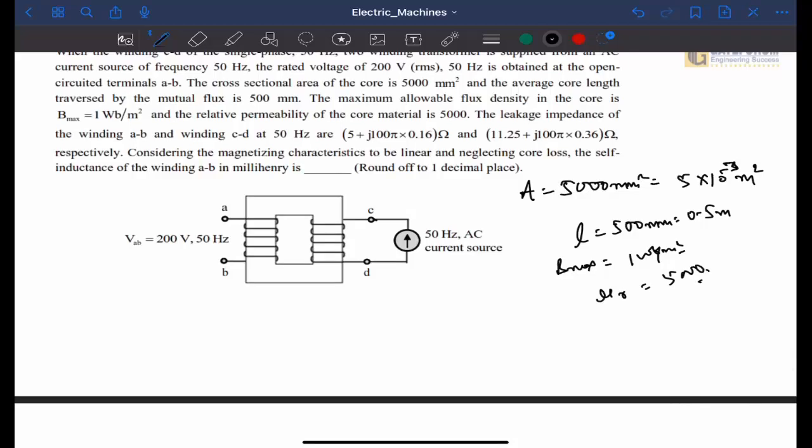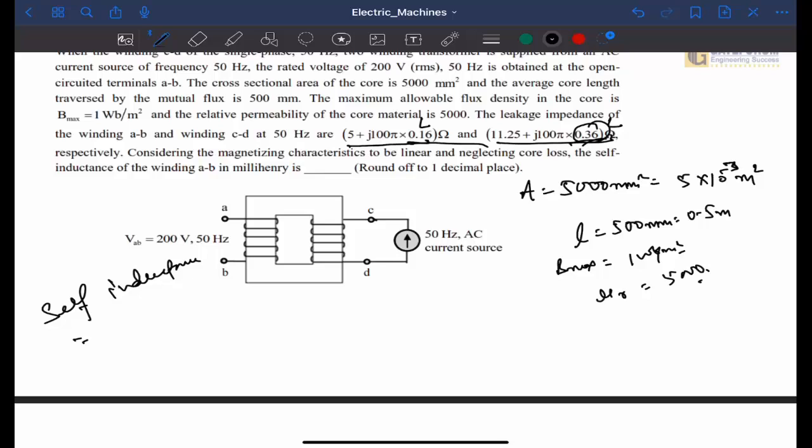The leakage impedance of winding A, B and CD is given. This is the leakage impedance. Everything is given, and this is L, and this is inductance. Both are inductance respectively. Considering the magnetizing characteristic of A to be linear and neglecting core losses, the self inductance of winding AB is asked. So self inductance will be what?